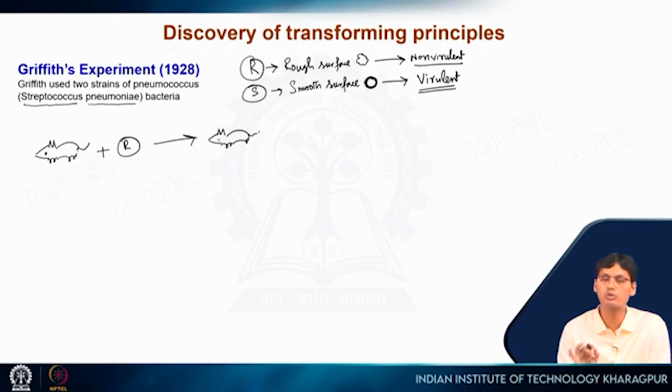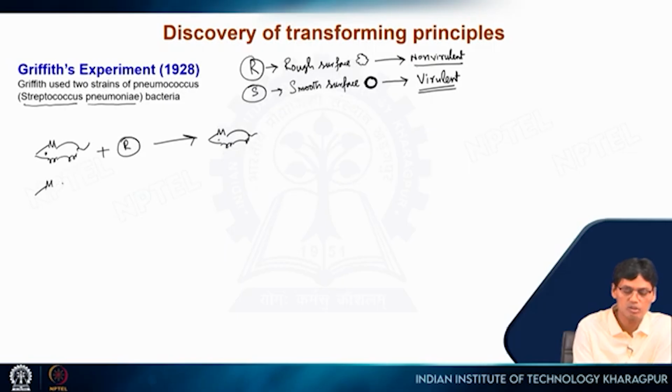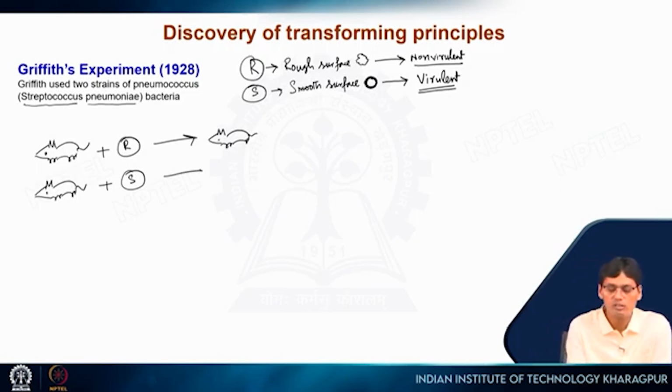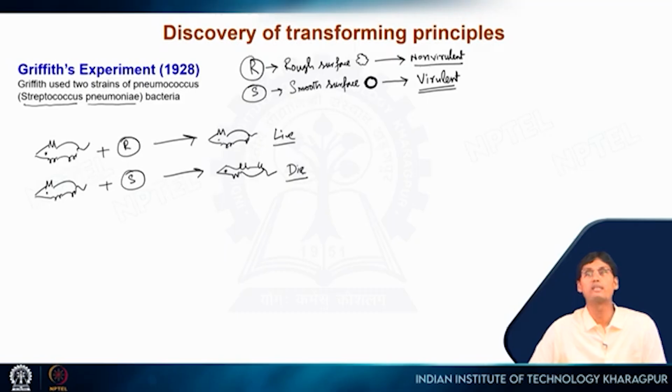Then in the next step of the experiment, he injected the S strain of bacteria into the mouse, and the mouse died, because the S strain is the virulent strain. This is plain and simple.